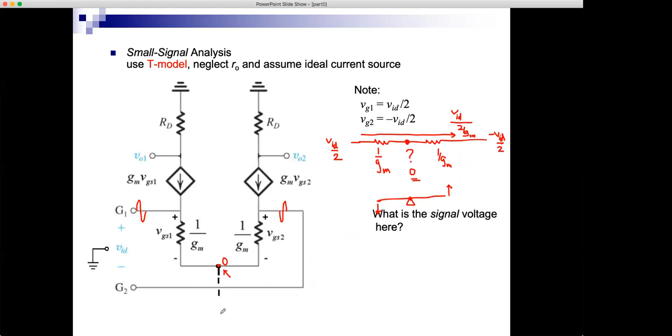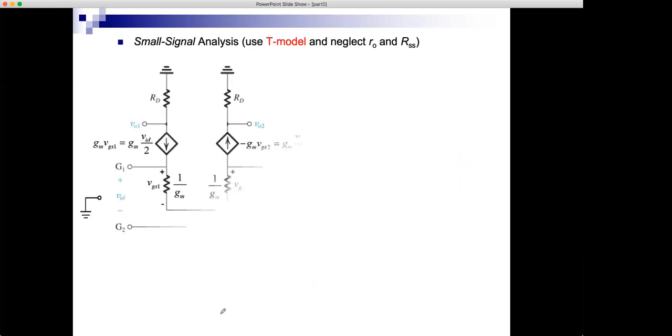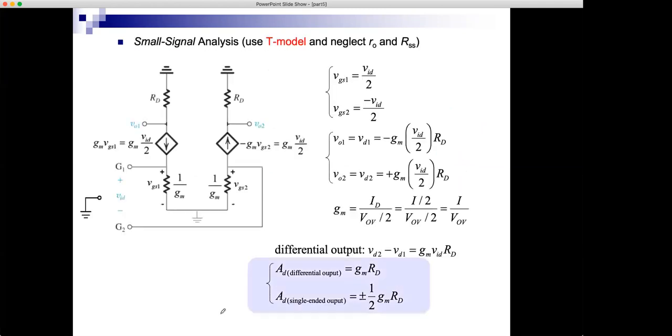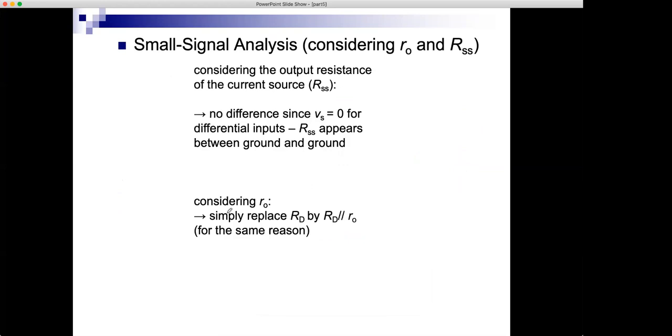What do RO and RSS do then? If I consider the output resistance of the current source RSS, it won't matter actually, because the node at which we showed that the signal is 0, the node in the middle, the seesaw pivot, will still have no signal even if the current source is not ideal and has an output resistance RSS.